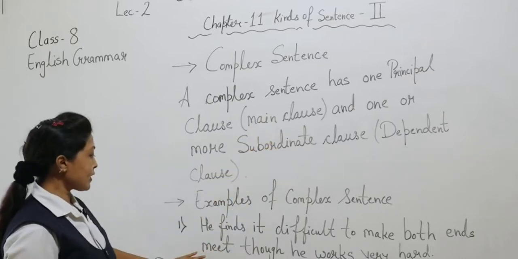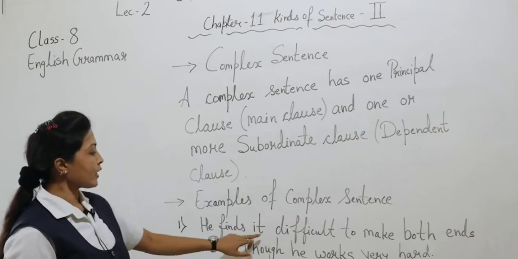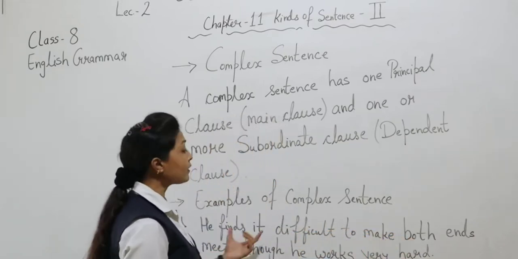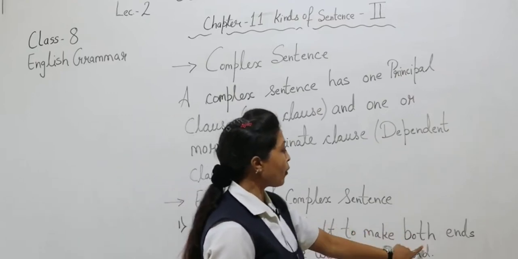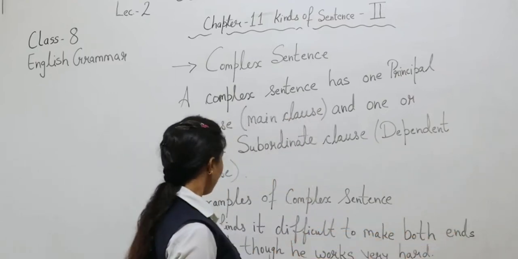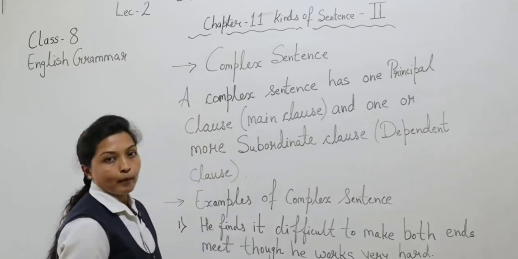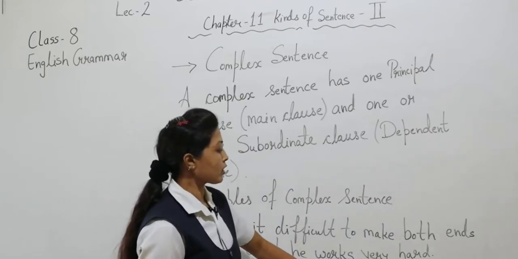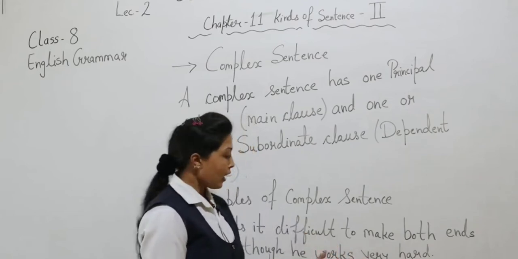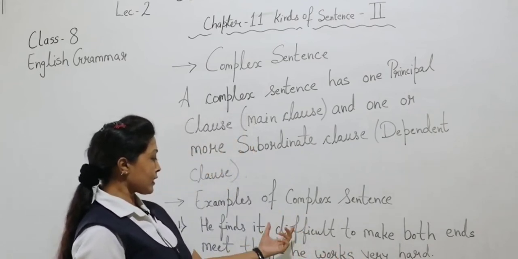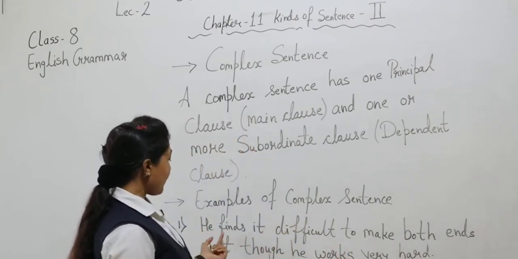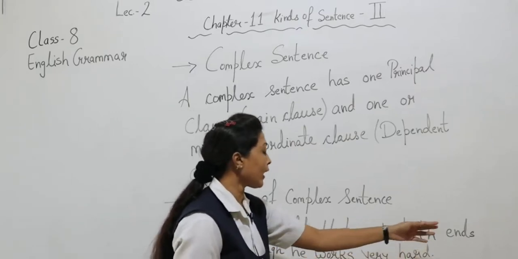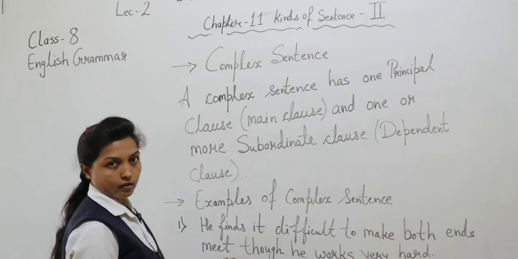So, the first example is, he finds it difficult to make both ends meet, it's one part. Then after, he works very hard. Now these two parts we can see. The first part is, he finds it difficult to make both ends meet.